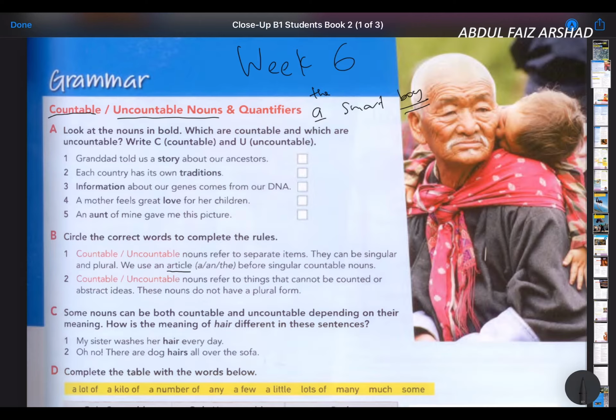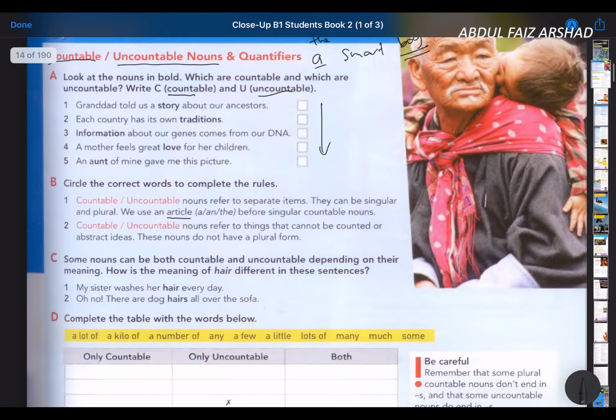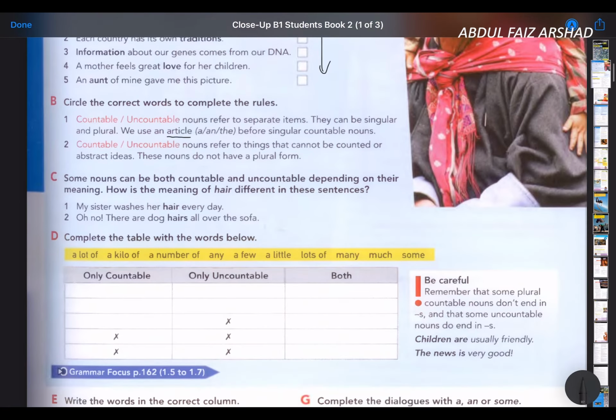Alright, so today I want you guys to differentiate which one is countable and which one is uncountable. I'll write this one down and then circle the correct words to complete the rules. I already told you the rules just now, so you should know. And then, some nouns can be both countable and uncountable depending on their meaning. How is the meaning of hair different in these sentences?